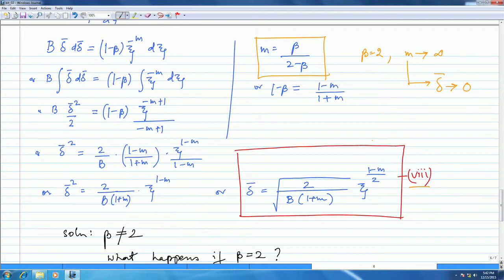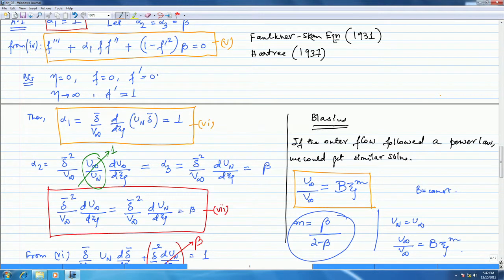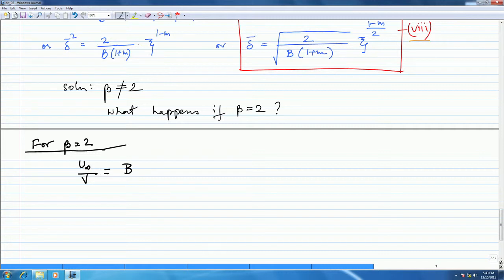In that case, we are going to use expression 6 here. So let us say that for beta equal to 2, u infinity by phi is equal to b exponential 2p zeta.